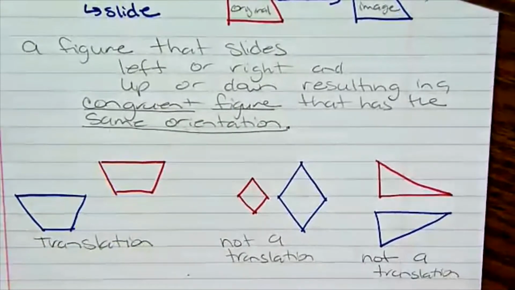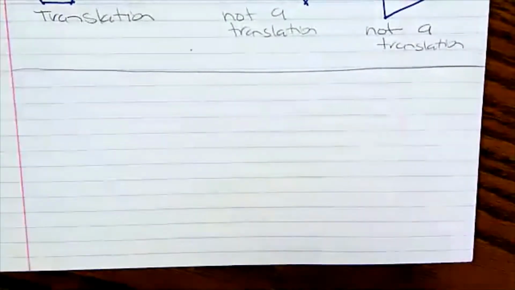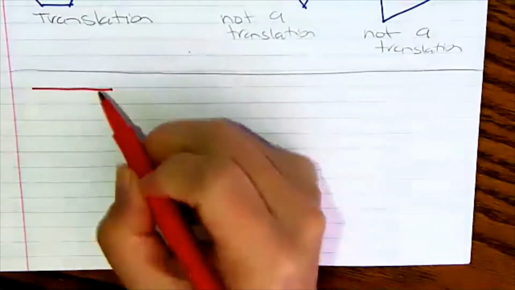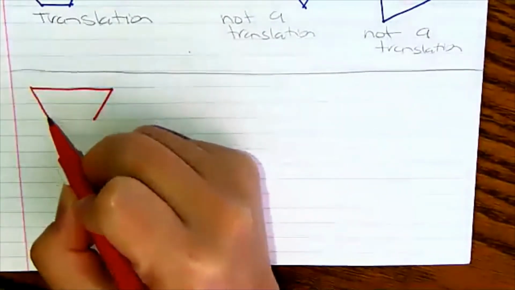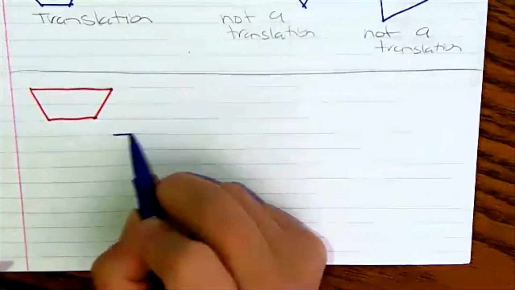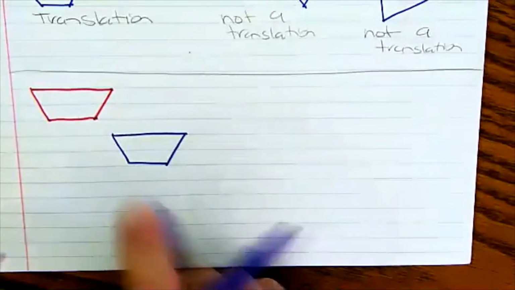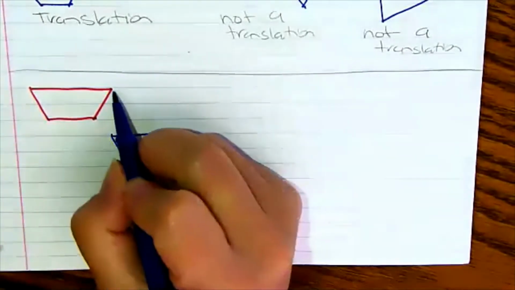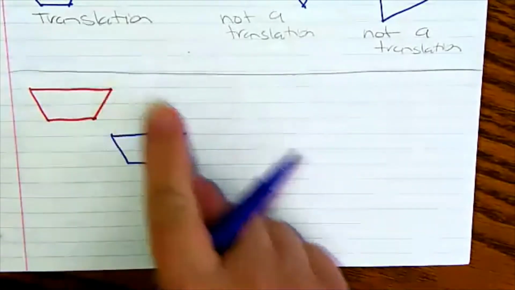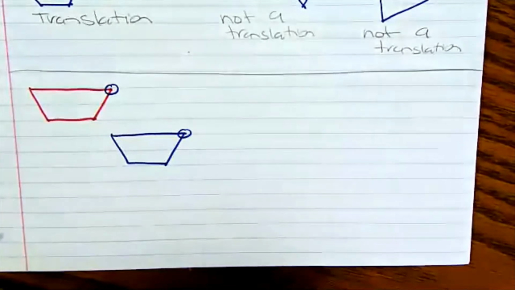So let's talk about sliding. Okay. Here we have our original figure. And then we have our image. So with our original figure, we're going to look at corresponding parts. I'm going to deal with this corresponding part right here.